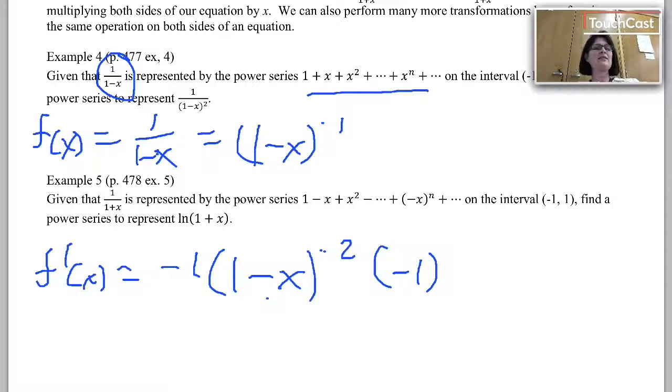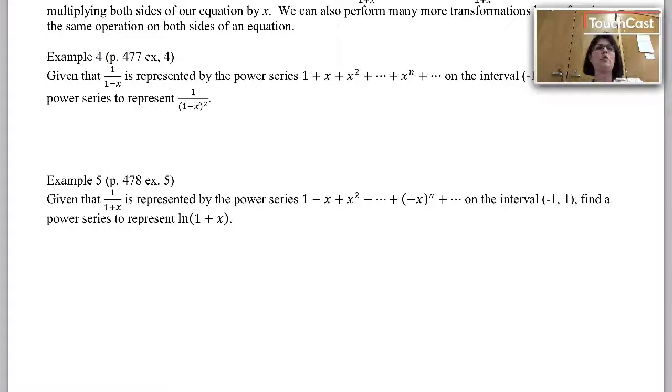So my negative 1's cancel, and I get 1 minus x to the negative 2, which is the same as 1 over 1 minus x squared. Well, if taking the derivative of that side of the equation gets me what I want, then I'm going to take the derivative of the other side of the equation to make a power series that gives me 1 over 1 minus x squared as its sum.